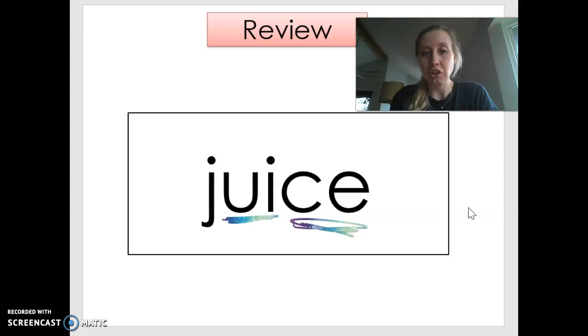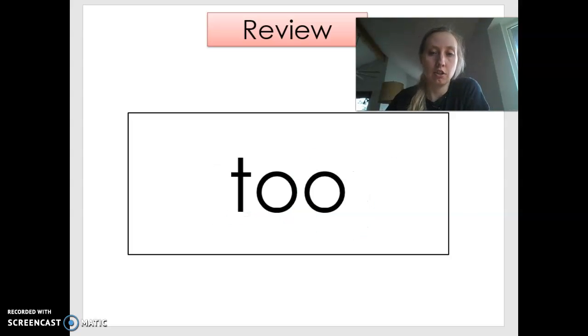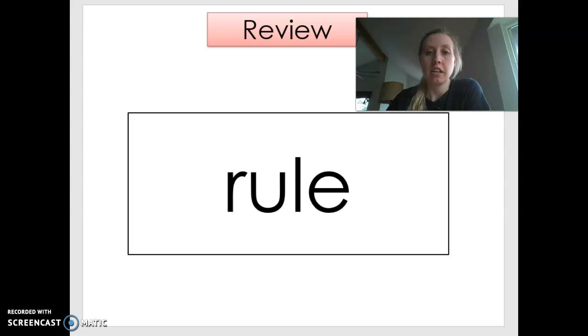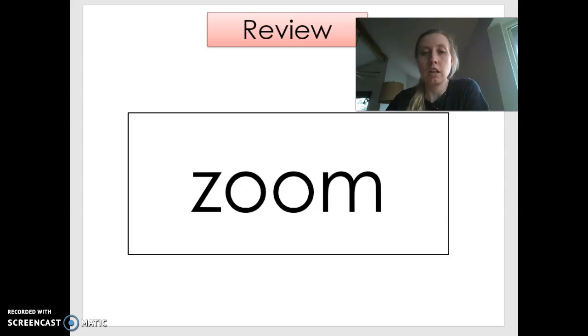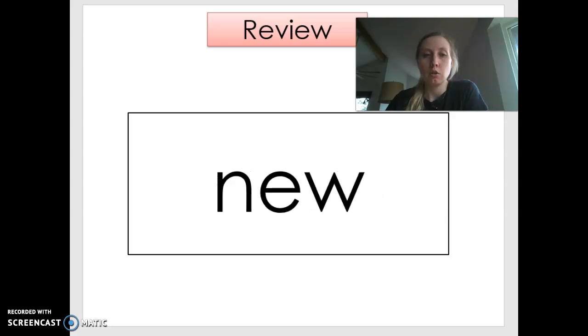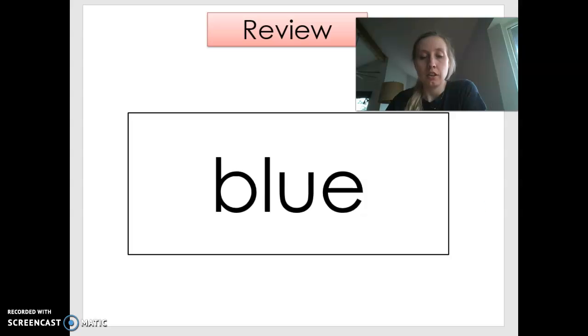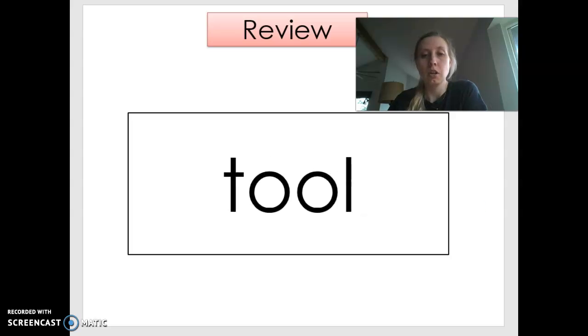And you'll notice this is the oo, but there's a sneaky C hiding as well. 3, 2, 1, 2. 3, 2, 1, rule. 3, 2, 1, zoom. 3, 2, 1, new. 3, 2, 1, blue. 3, 2, 1, tool.